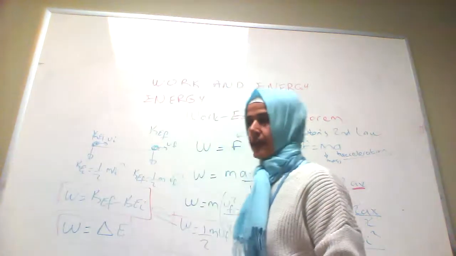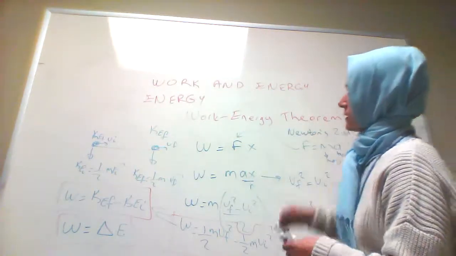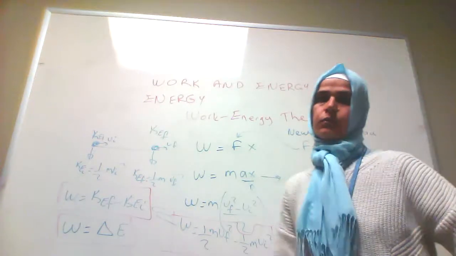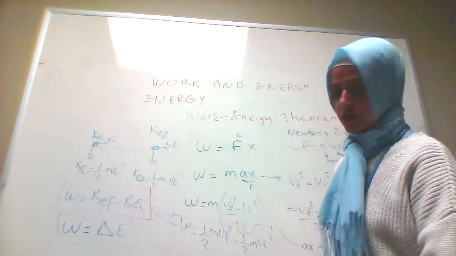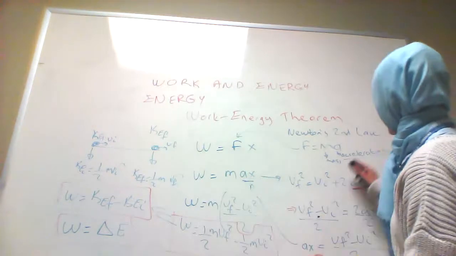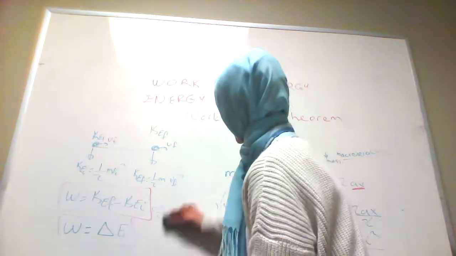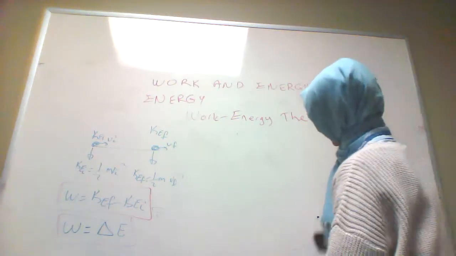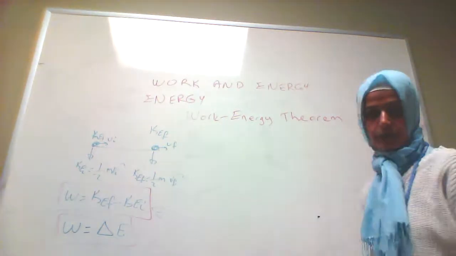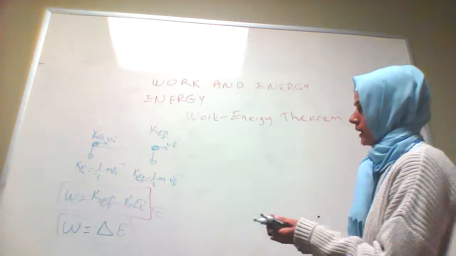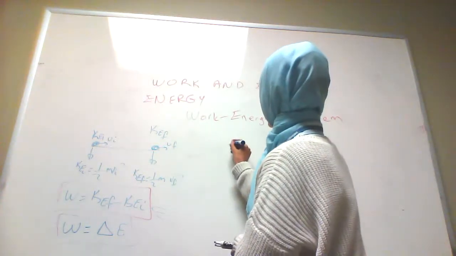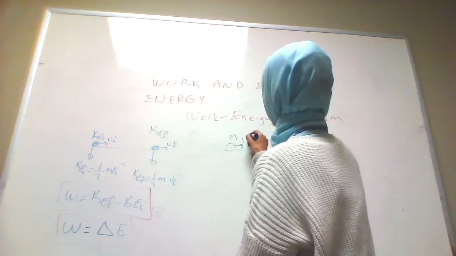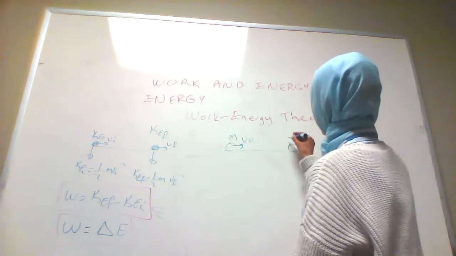To summarize again, the work energy theorem tells us that work done is equal to change in energy, both kinetic energy and potential energy. Let me give a very simple example here, just a discussion. We have an object with an initial velocity v0, let's say, and final velocity v.